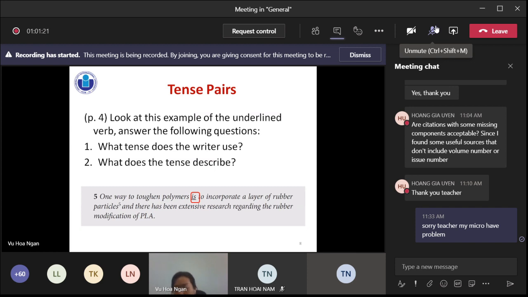Okay. So Ngân, can you please help, what tense is used? Kim Ngọc. Phạm Thị Kim Ngọc. Yes. Okay. What does the tense describe? I give you a minute to think about that.